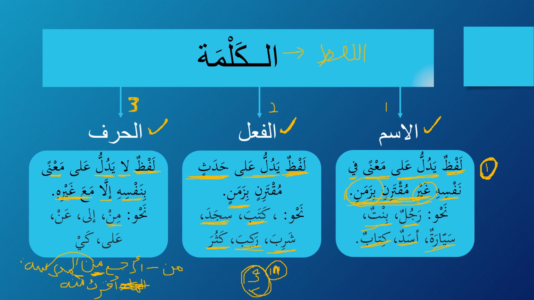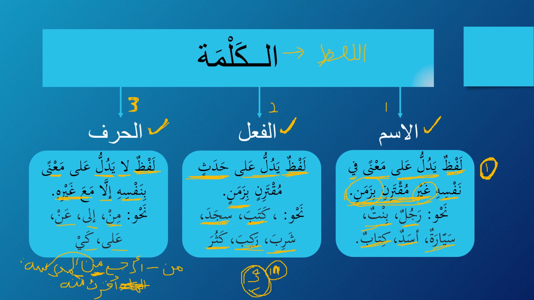Maybe we're talking about someone I am going to meet. I said akrubu minhu. I am close to him. So this mean here is not meaning from. It means to. So all this min, ila and ala, they are huruf.